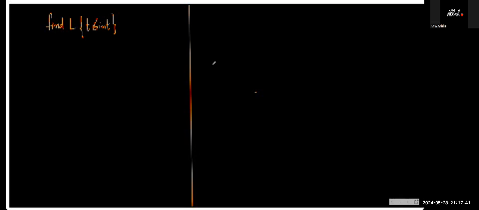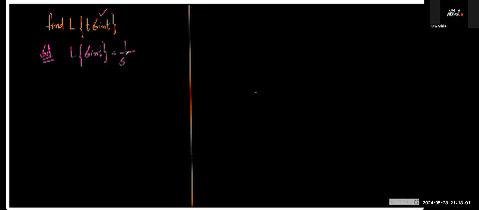Now when we solve it, first of all you have to find the Laplace of sin t. What is the answer? It is 1 by s square plus 1. Very good.